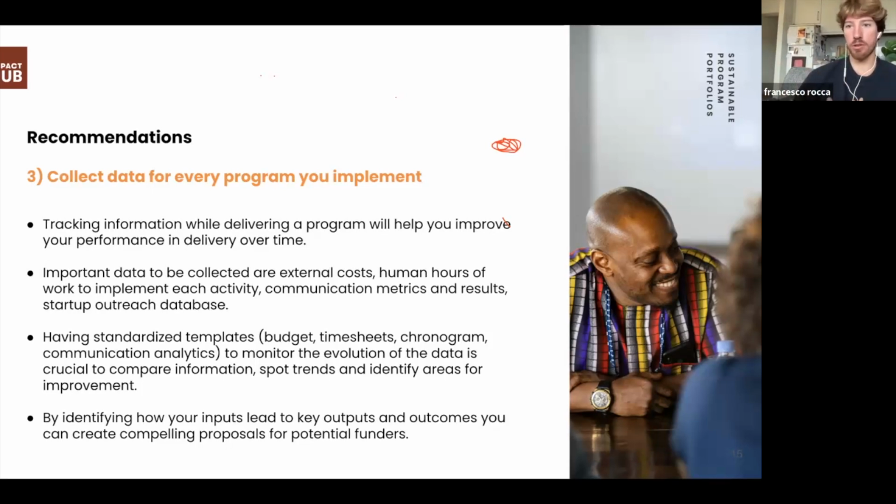and then track your team's time to make sure you can compare and in the future know, okay, was my estimation correct or not? This is a bit easier with external costs. You always know, for example, how much the event venue cost, or how much it costs to have a specific mentor. But internal costs are sometimes a bit forgotten, especially when you start.